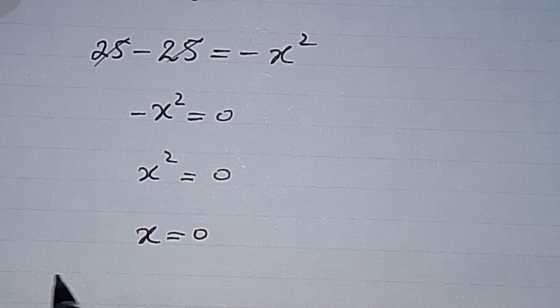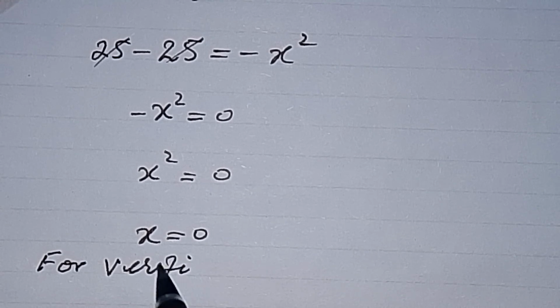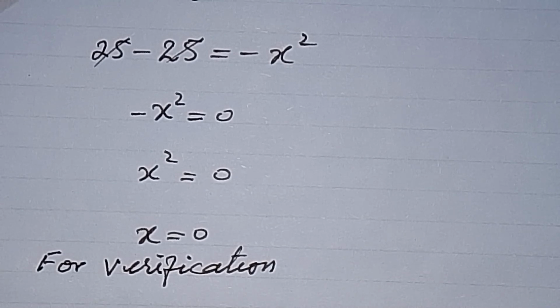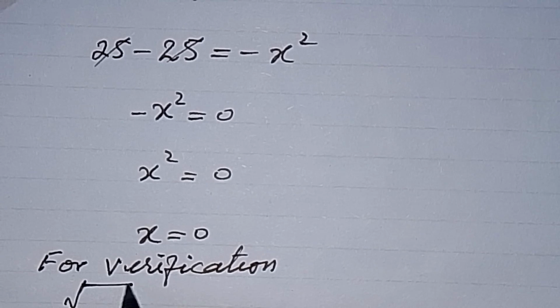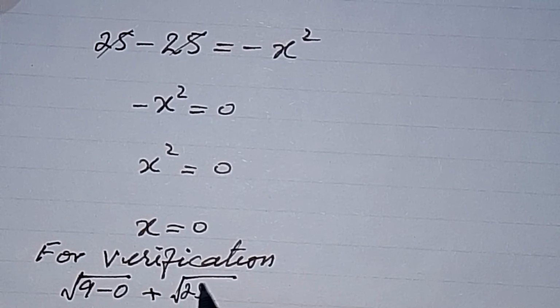For verification, under root 9 minus 0 plus under root 25 minus 0 is equal to 2.